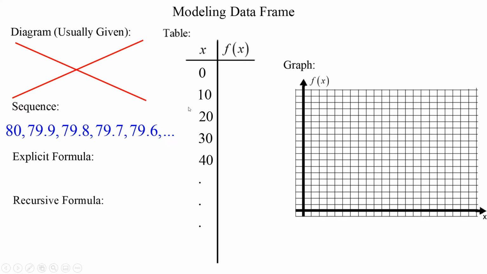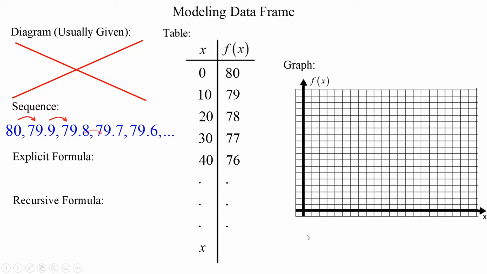All right, and these are all my x's right here. And now my f of x's, my outputs. Well, we started with 80 pounds, and in 10 seconds we will drop 1 pound to 79, 78, 77, 76. That cleaned up real nice right here. Now how are we going to scale the x-axis to make this happen?